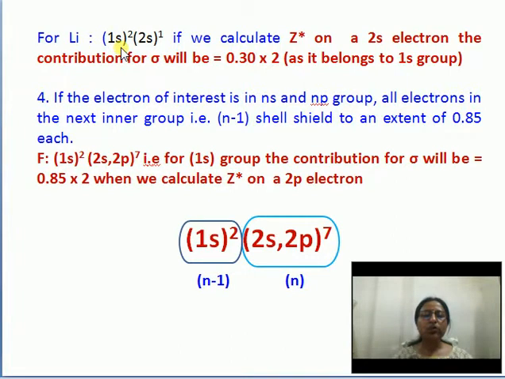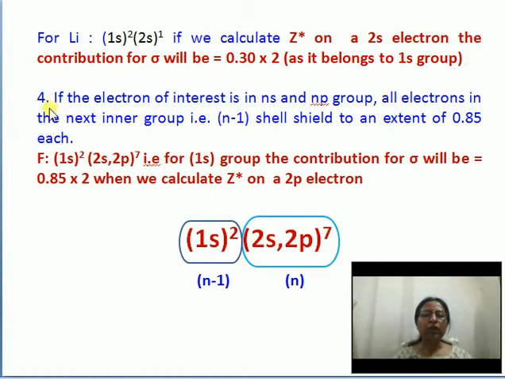That means 2 electrons in the 1s shell, and the value for 1s is 0.30, as stated in the Slater rule. So we will multiply 0.30 into 2 for calculating sigma here. So this will not be 0.35. In case of 1s electrons, we take this value as 0.30.